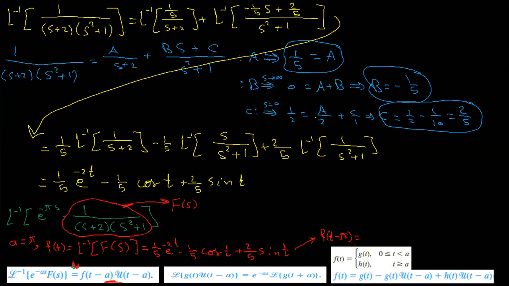Who will help to find f of t minus pi? From where, Professor? From f of t. You have f of t here. Give me f of t minus pi, please, quickly.